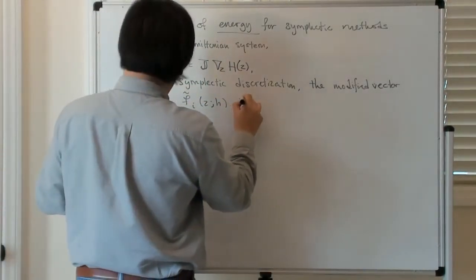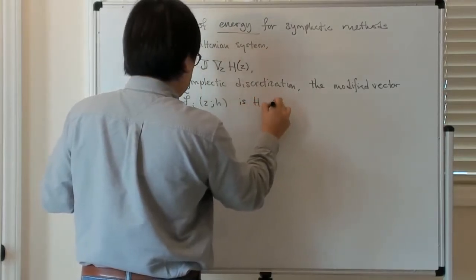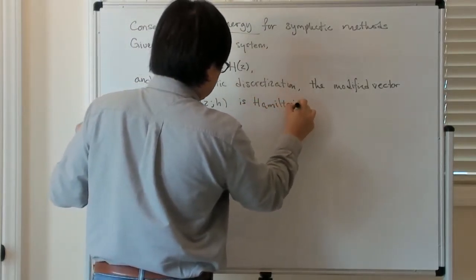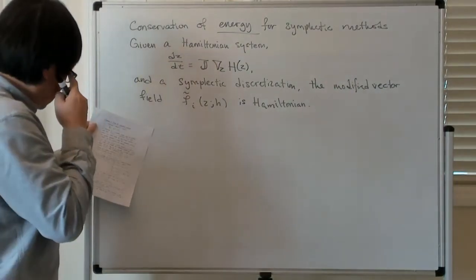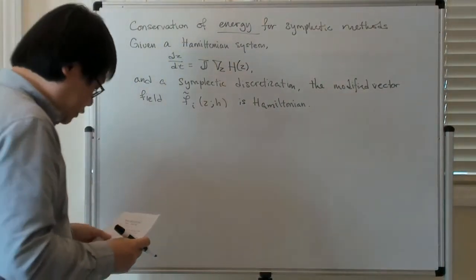So to be a little bit more precise, the vector field's only locally Hamiltonian, right?